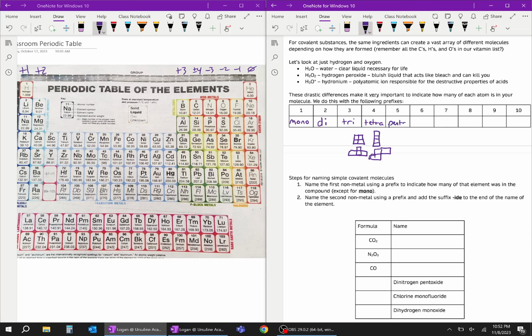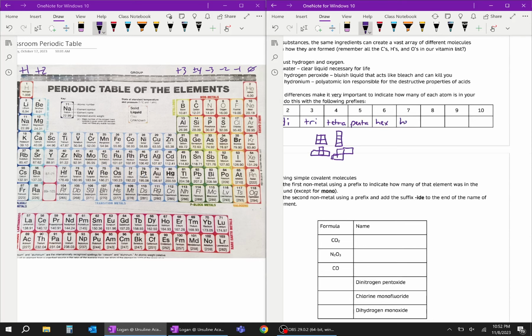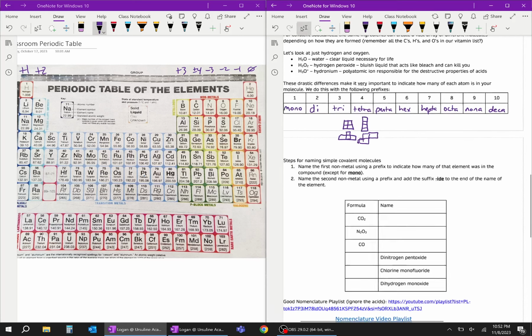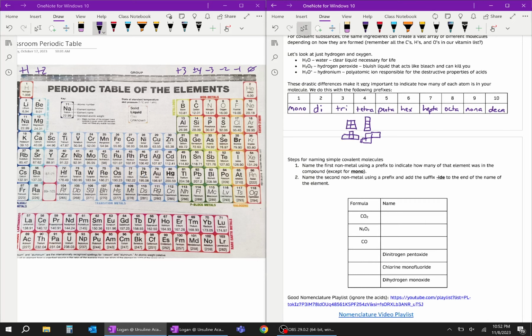5 is penta. 6 is hexa, like a hexagon. 7 is hepta. 8 is octa. 9 is nona, sounds like 9. And 10 is deca. So, by putting these prefix words before the name of an element, you're telling people precisely how many of that element are in the molecule.